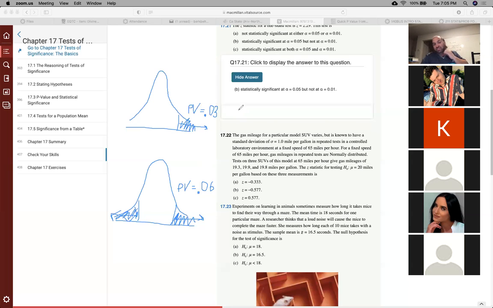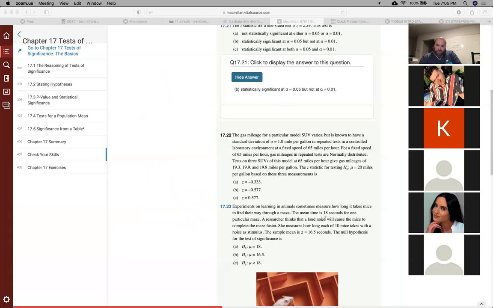So you could be statistically significant here, but not necessarily statistically significant here. But if this is statistically significant, then this is also automatically statistically significant, because if this number is less than alpha, then certainly this number is less than alpha. Does that make sense? Okay, good talk.